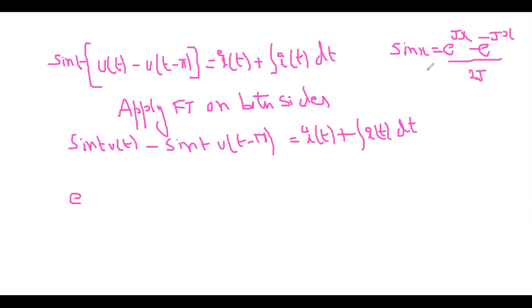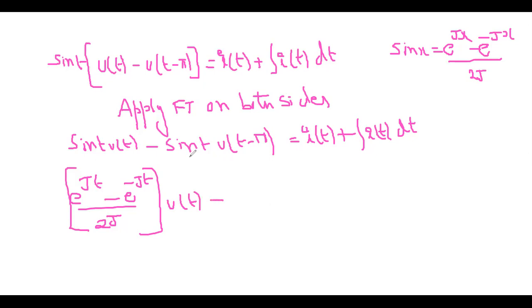Okay, see the sin t. Sin t means e power jt minus e power minus jt by 2j, and it is multiplied with the mu of t.